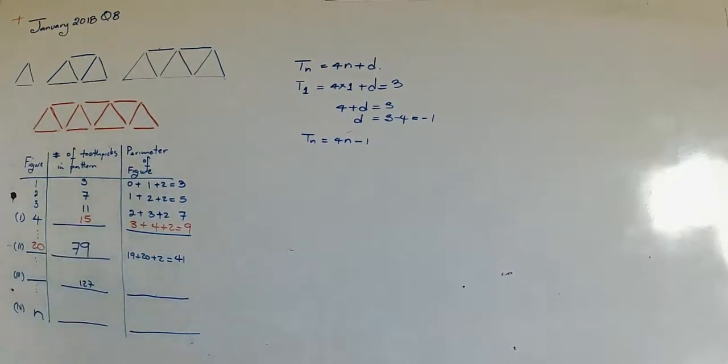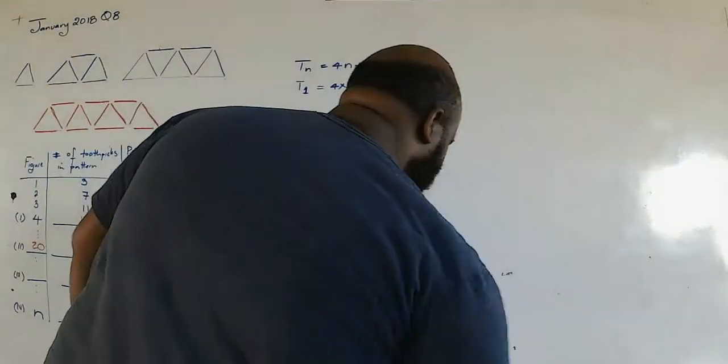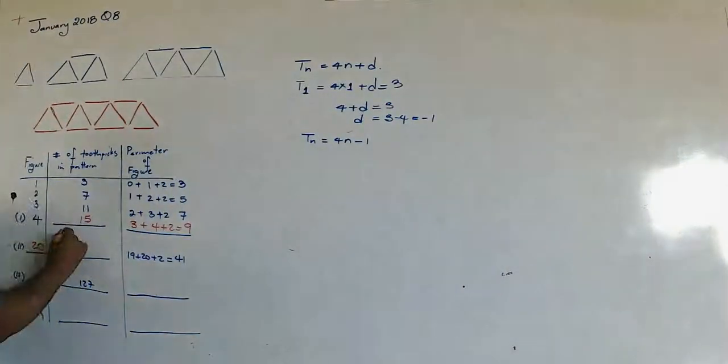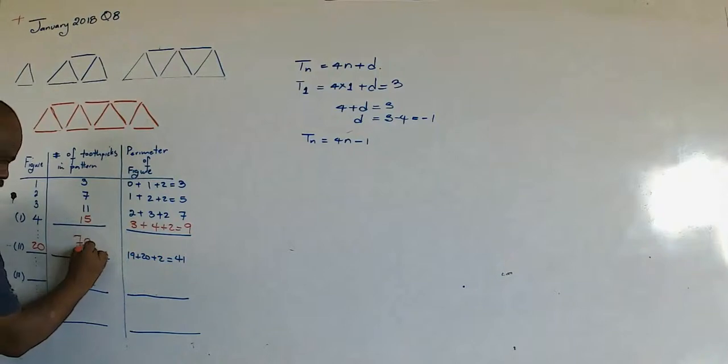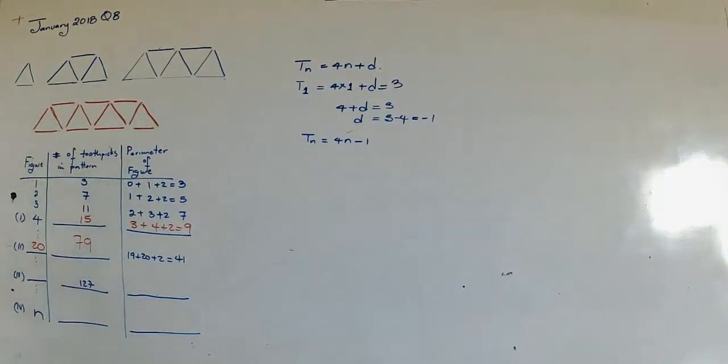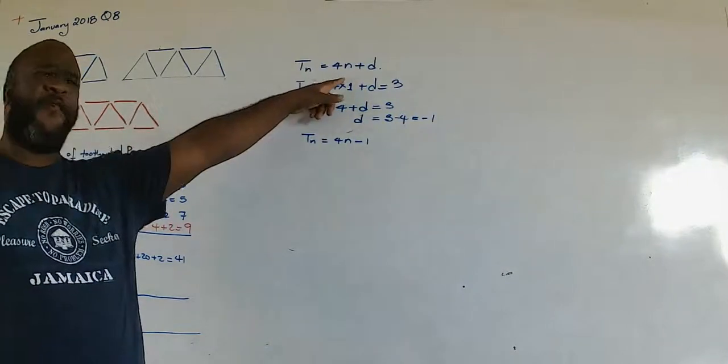Did you get that? Can I share with you again? If the terms in a sequence are going up by 4, the general term is going to be in that format.